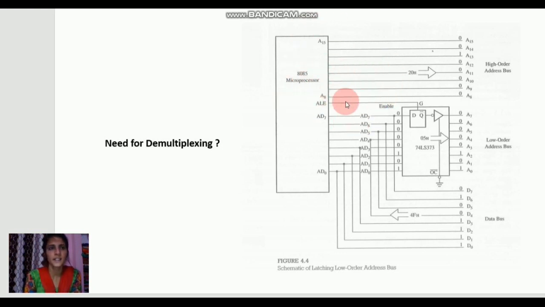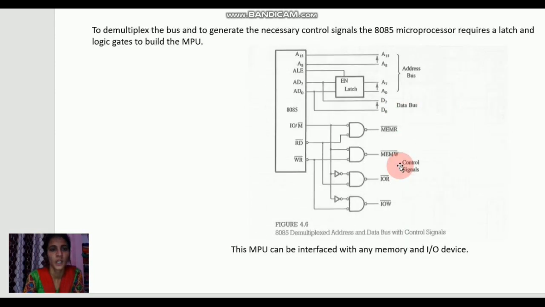Basically, demultiplexing is done by using the chip 74LS373. This chip basically latches or stores the data. The ALE signal enables the latch, so we can demultiplex both. To demultiplex the bus and to generate the necessary control signals, the 8085 microprocessor requires a latch and logic gates to build the MPU.